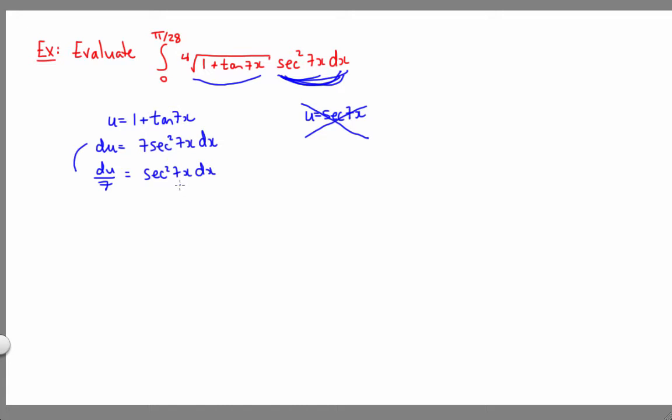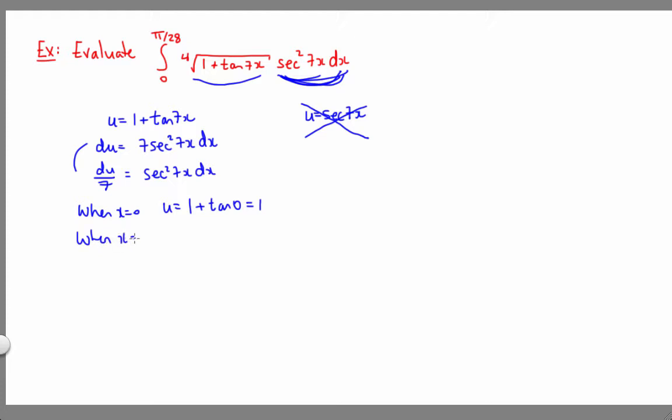Okay, so there we go. We've got this mostly set up now. Let's think about how the limits are going to change. So when x equals 0, u would equal 1 plus tan of 0, and tan of 0 is 0, so that's coming out numerically to the number 1.